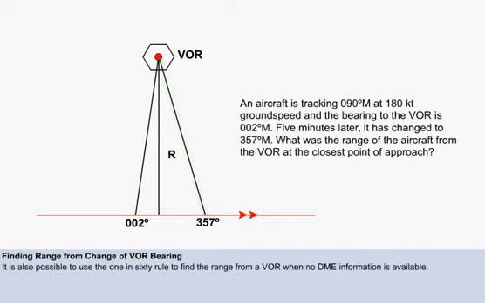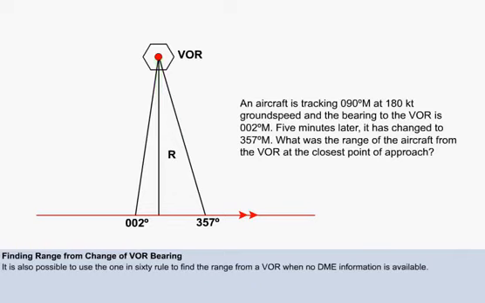What was the range of the aircraft from the VOR at the closest point of approach? The closest point of approach occurs as the VOR is perpendicular to track, in this case on a relative bearing of 270, or when the aircraft is due south of the VOR.